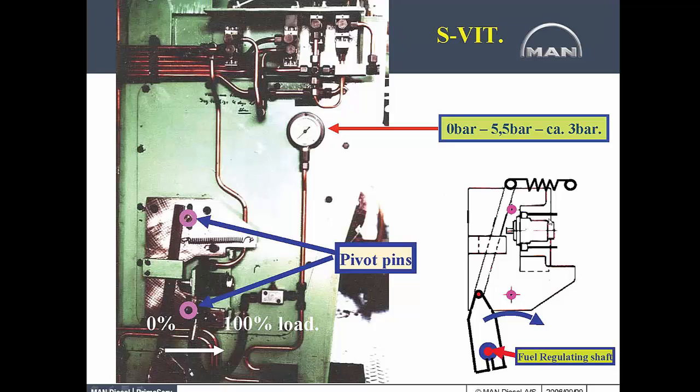As the fuel regulating shaft, as they're calling it, or the governor arm, moves, at some point the bar is going to hit that lower pivot pin, and then what ends up happening, the bar rotation is opposite.